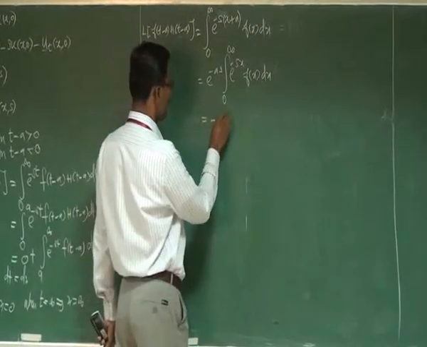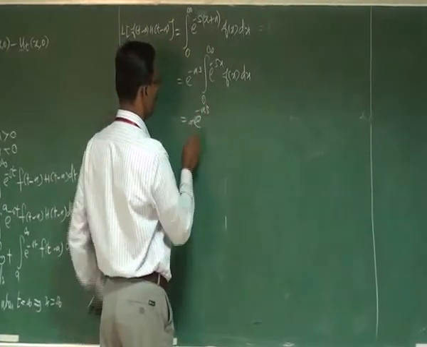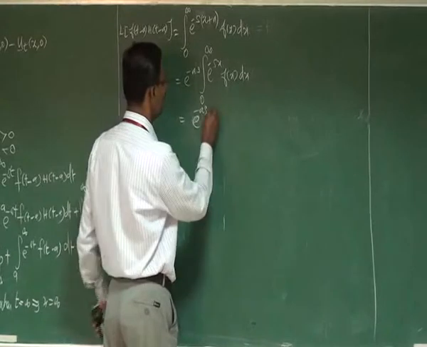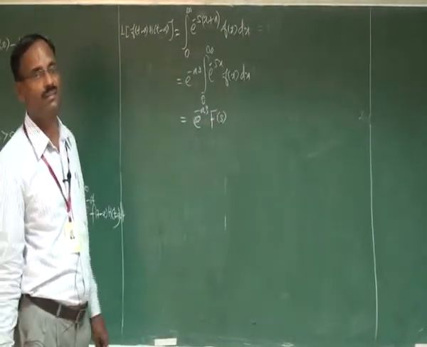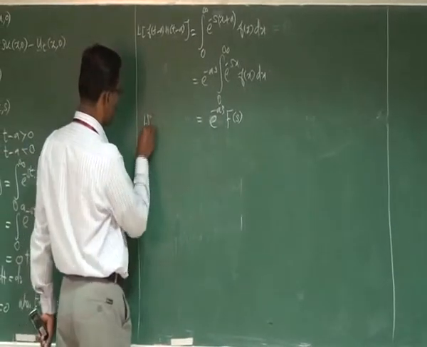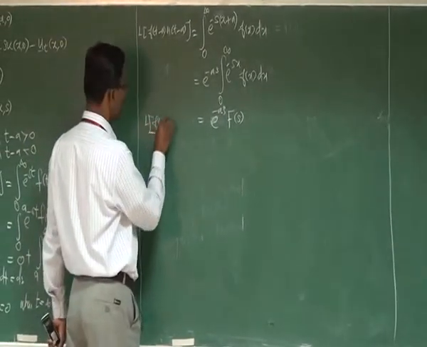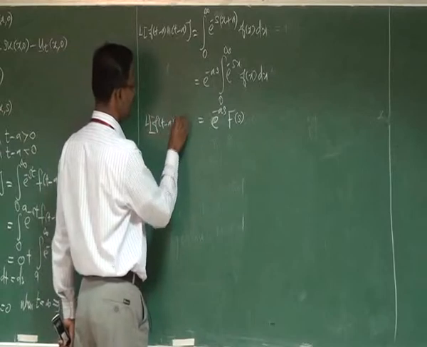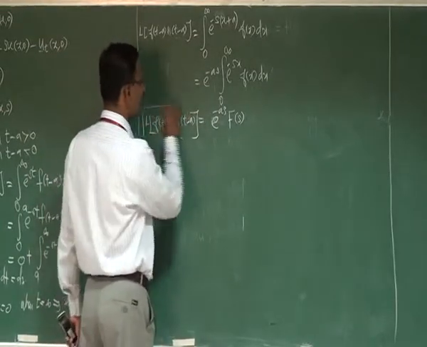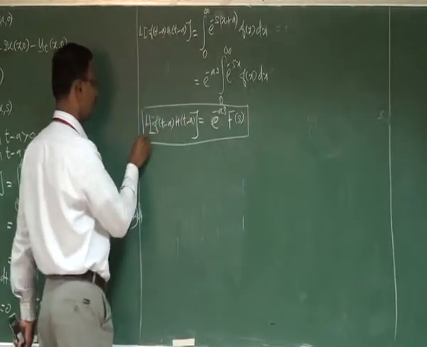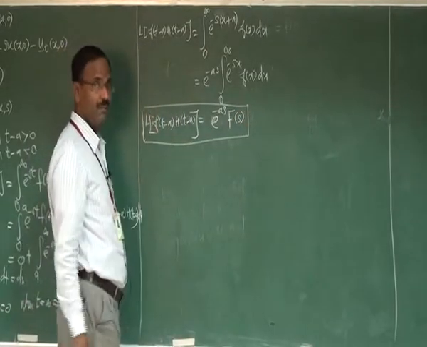Actually, this is e power minus as into the Laplace transform of the function, f of s. Therefore, the Laplace transform of f of t minus a into h of t minus a is equal to e power minus as into f of s.